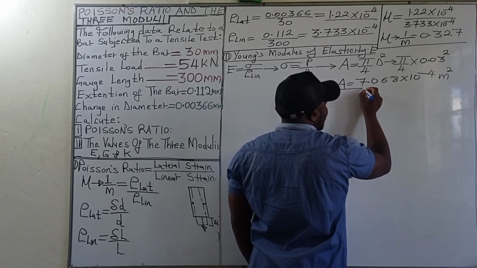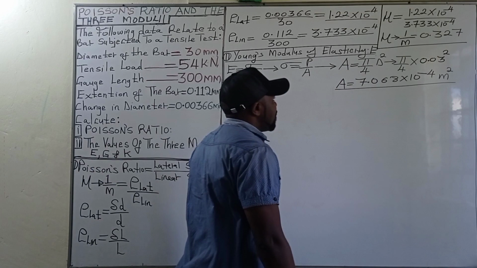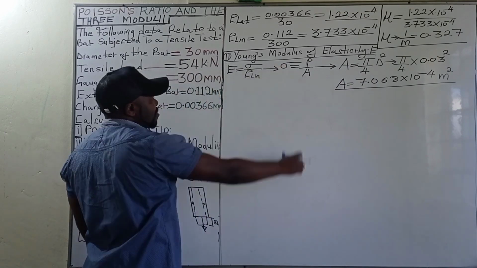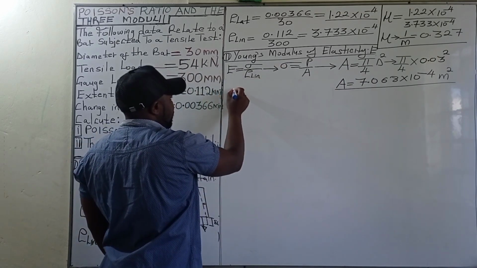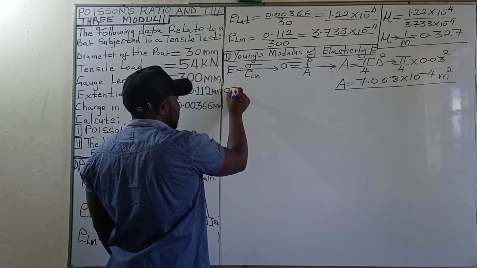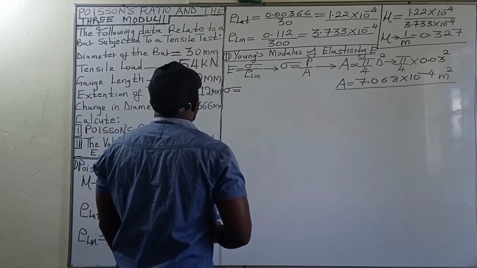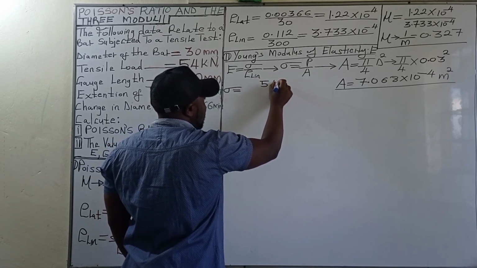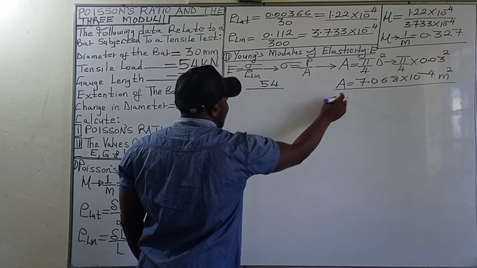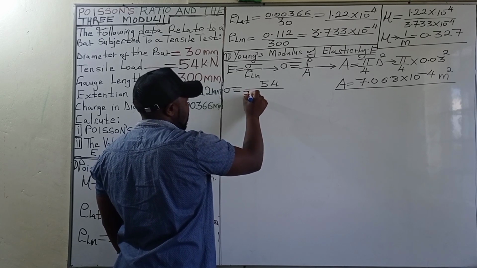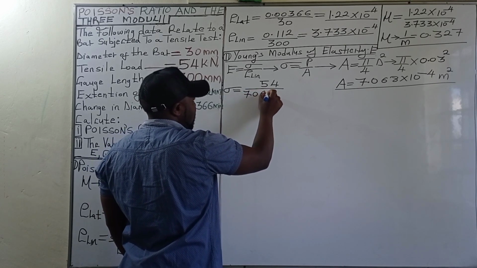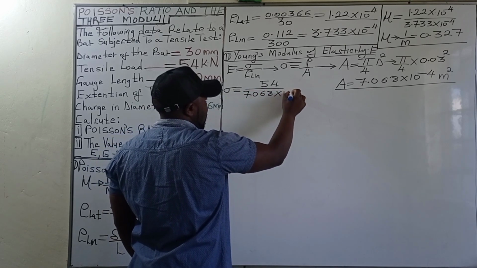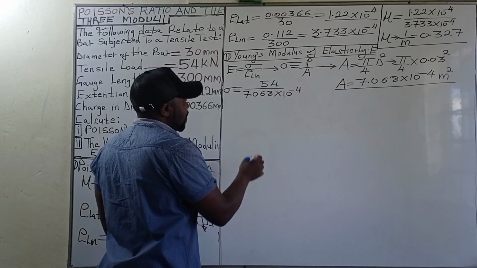So that is the cross-sectional area of this bar. Now we can get the stress, and the stress will be equal to the load, 54 kilonewtons, divided by the cross-sectional area, which is 7.068 times 10 raised to the power of -4.